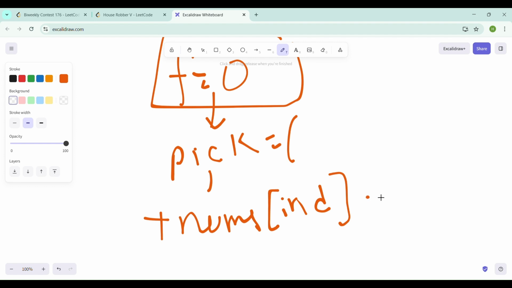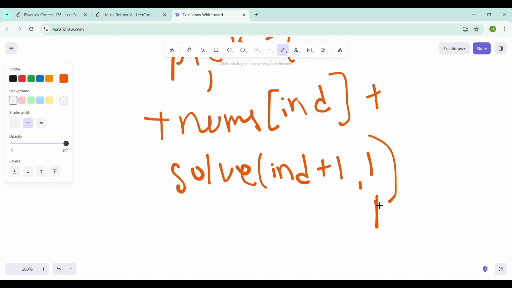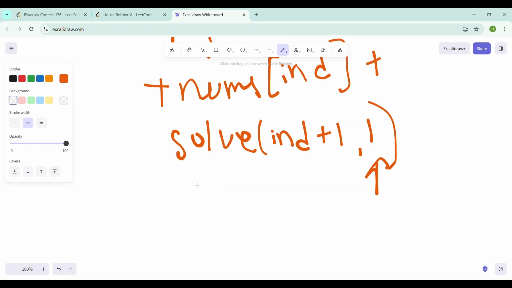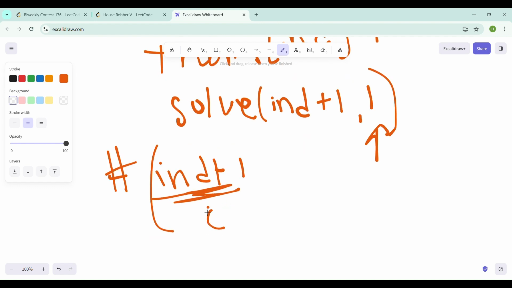But along with that, the solve function, whatever the solve function I had, it will go to index plus 1, and the flag will change to 1. Flag changing to 1 means what? Let me define it. I am currently at any index, let's call it I, and flag equal to 1 means I have picked the last element.